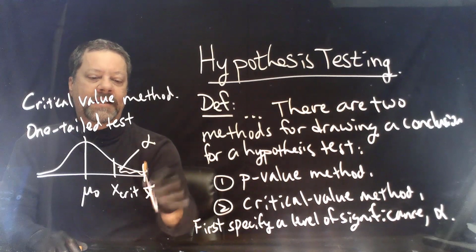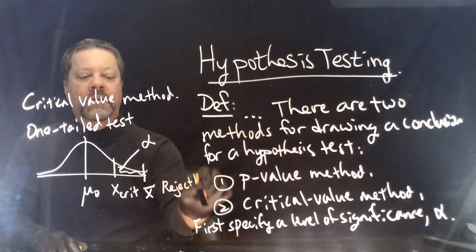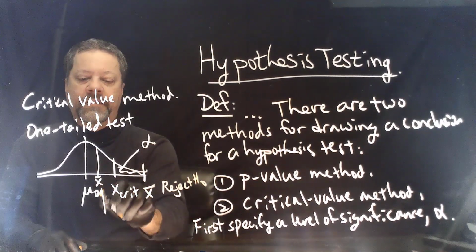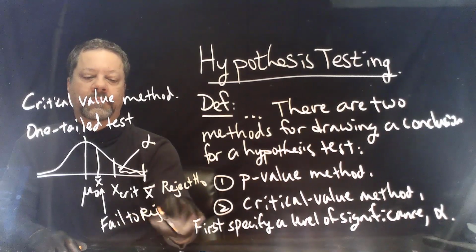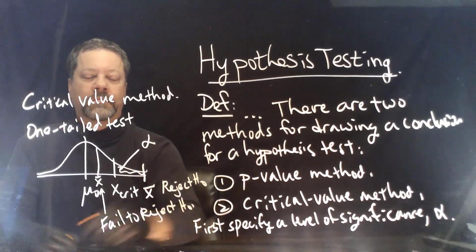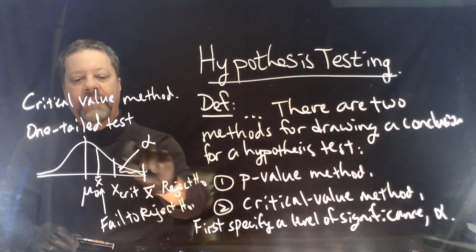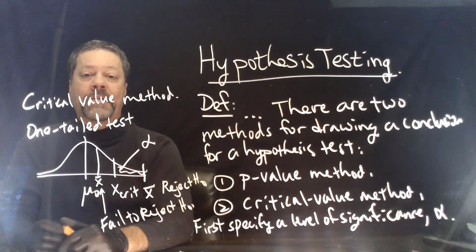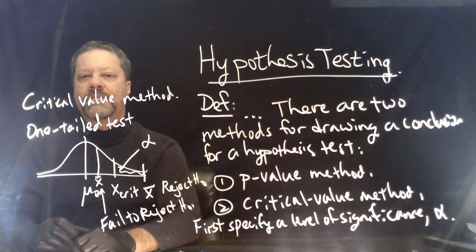If your sample statistic falls in the critical region, then you reject the null hypothesis, and if it doesn't, then you fail to reject. You'll only reject the null hypothesis if the probability of getting that value, given the null hypothesis is true, is smaller than your level of significance.